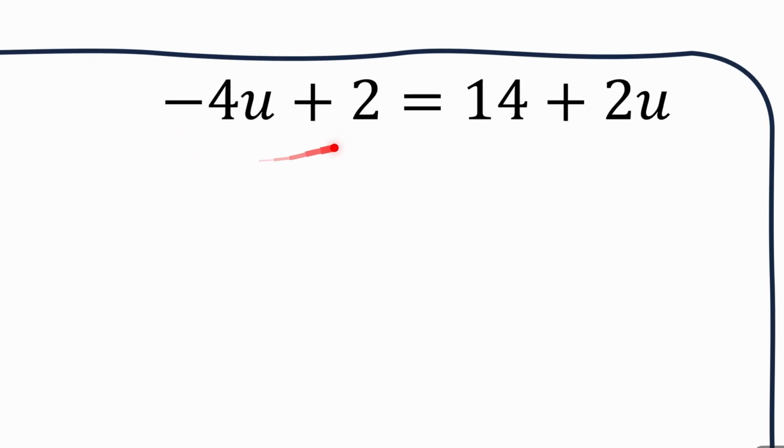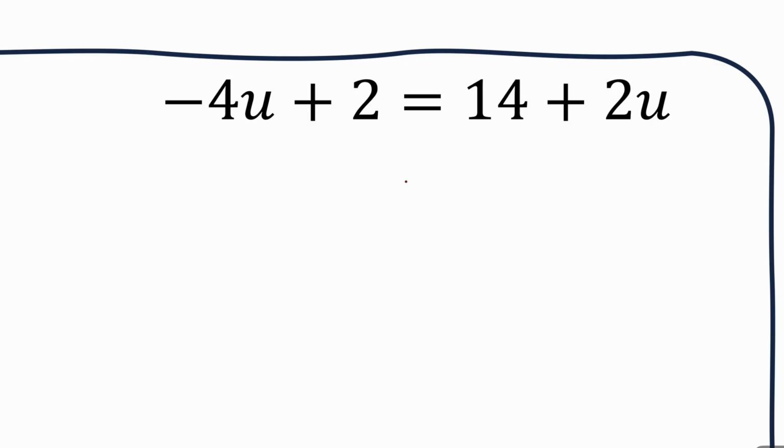Let's look at another question, which is over here. This is the left hand side, negative 4u plus 2, and the right hand side, 14 plus 2u. Look at this. You have negative 4u over here, and you have plus 2u on the right hand side. So on both sides you have the variable term, and you have plus 2 on the left hand side, and plus 14 on the right hand side. So on both sides you have constants.